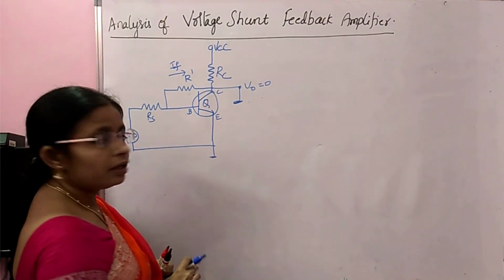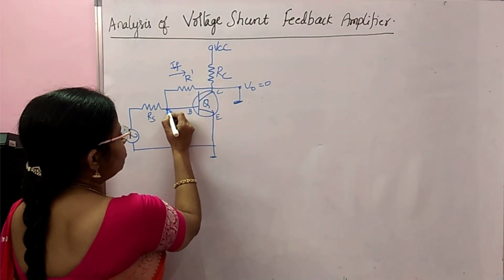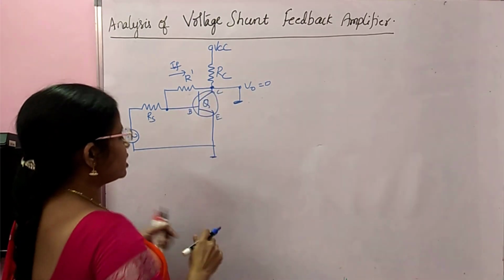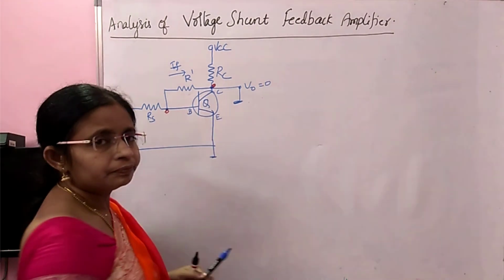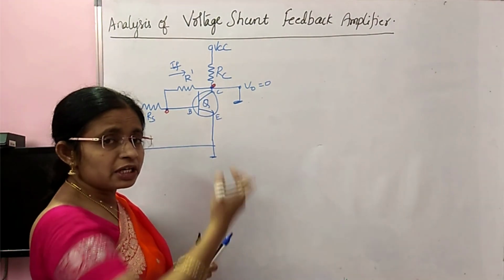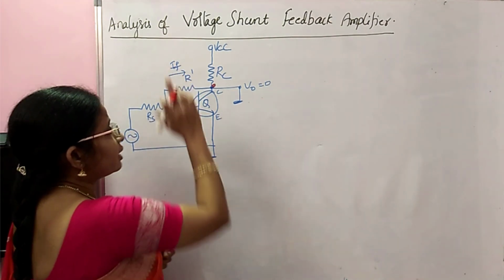R dash is connected between these 2 points. Feedback is actually from output to input, but as it is negative, the direction is like this.